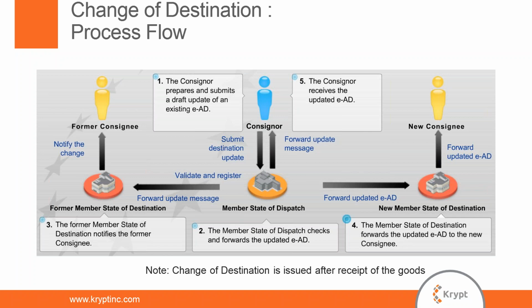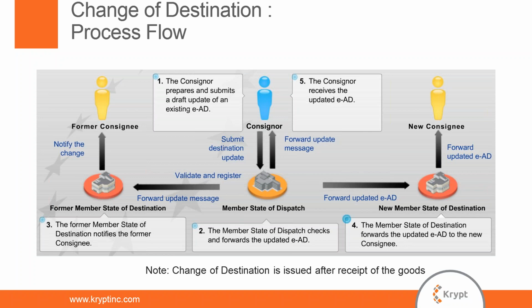So now what would happen, a message would be sent across to the member state of destination, and the new member state of destination, in this case, will be the same as the member state of dispatch. And the former consignee would know that these goods need to be sent off from their end back to the new consignee.